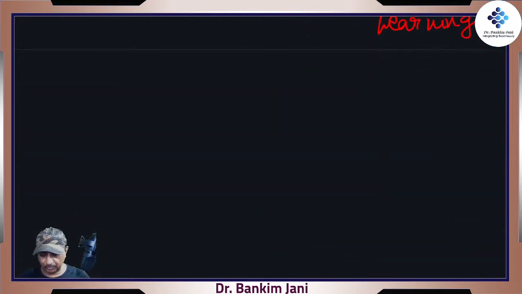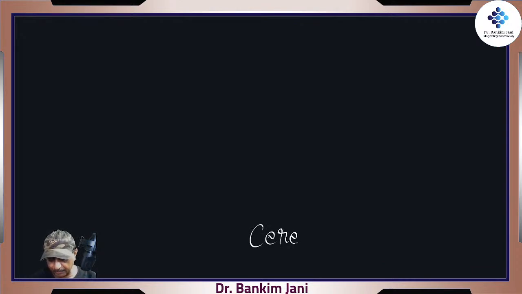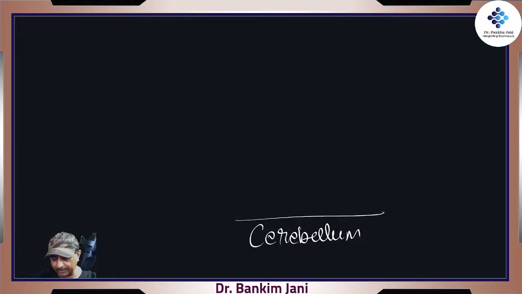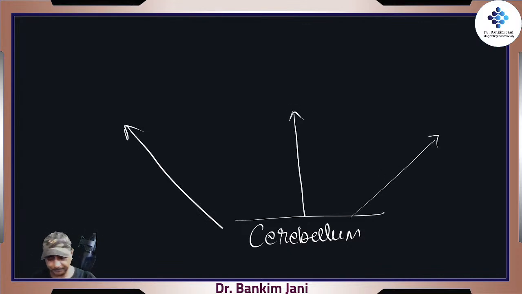Now let's do one more thing. We try to make the peduncles part very easy. So here is our cerebellum, and over here the rest of the structures of the brain. So we connect it like this, this, and this.